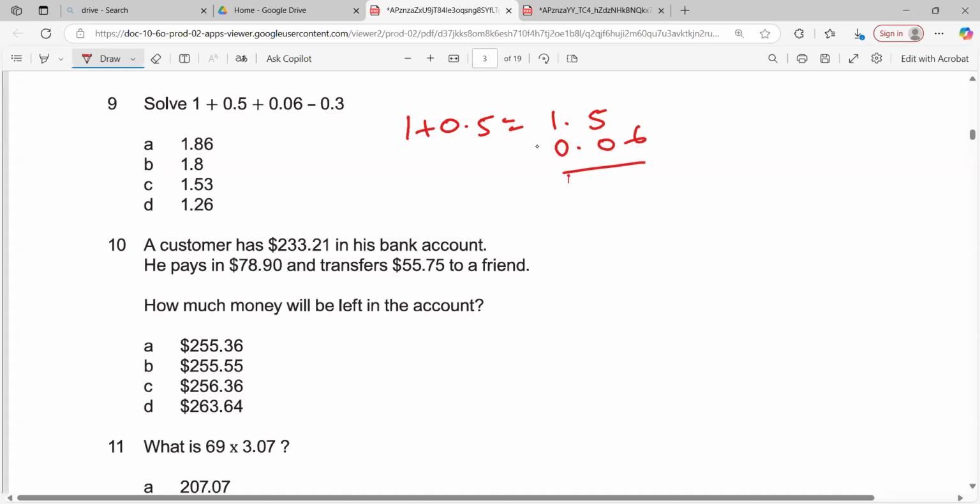And then you subtract the 0.3 from the 1.56, you would have 1.26. That's all right. It didn't explain everything, but guys, yeah, basically, right?